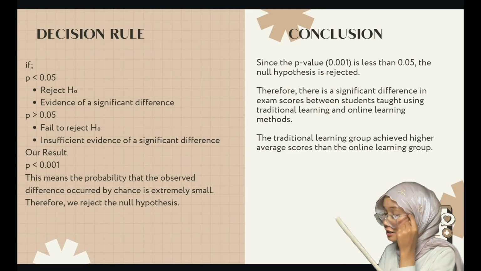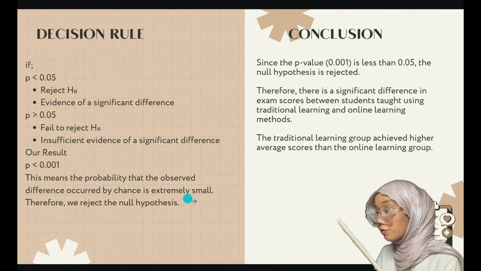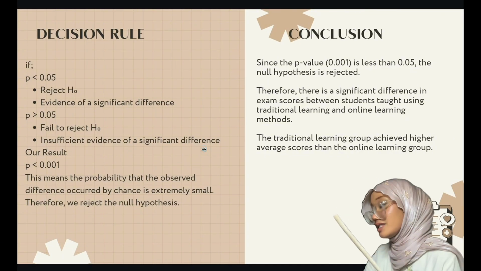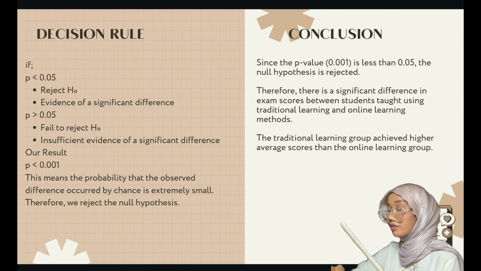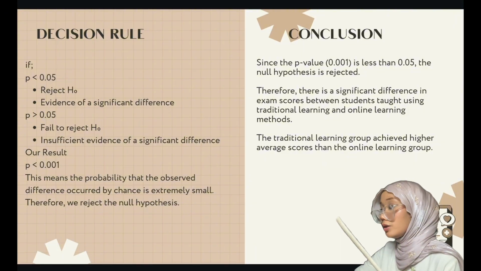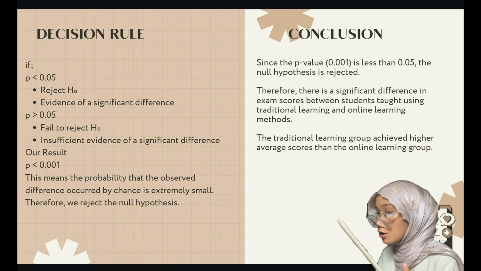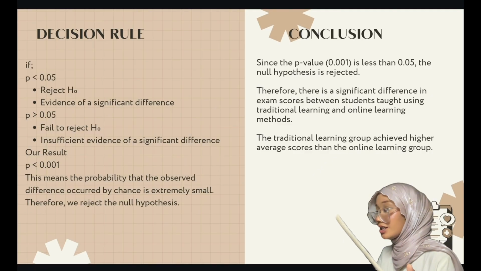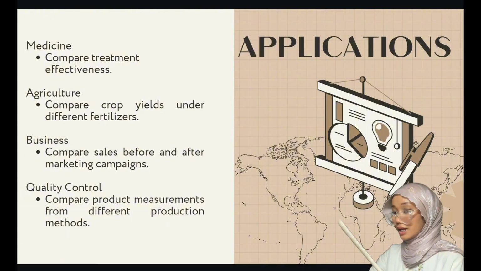This statistical analysis produced a t-statistic of 7.25 and a p-value less than 0.01. Because the p-value is lower than the significance level of 0.05, we reject the null hypothesis. So we conclude there is a statistically significant difference in exam scores between the students taught using traditional learning and those taught using online learning.